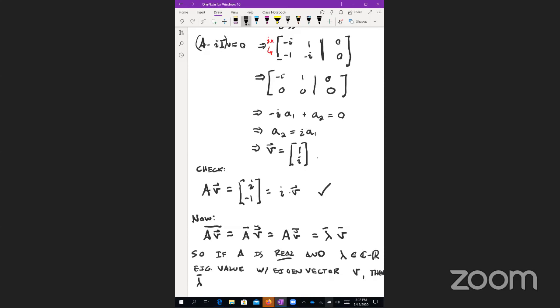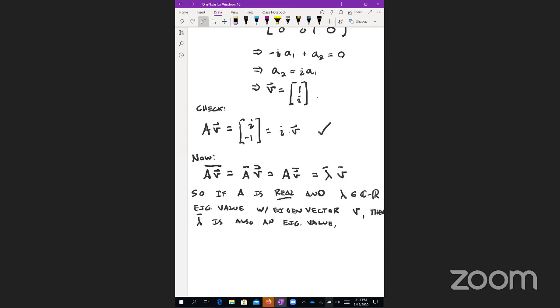Then lambda bar is also a solution. Sorry, lambda bar is also an eigenvalue with corresponding eigenvector v bar.